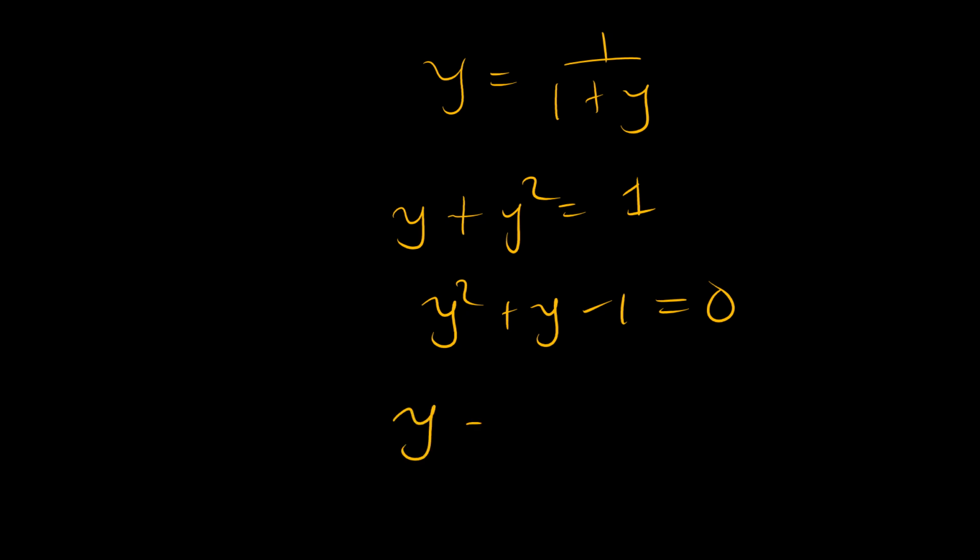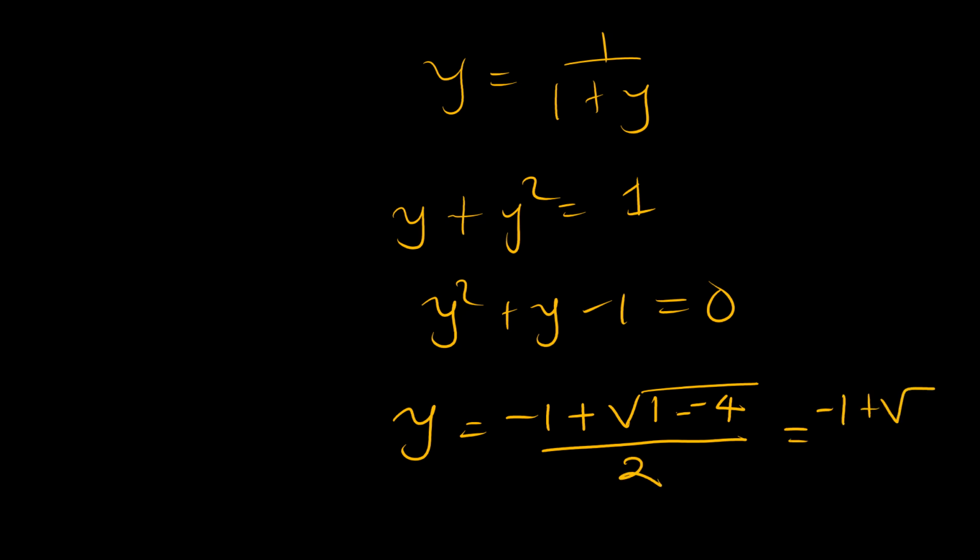So y is equal to negative 1 plus the square root of b squared minus 4ac, which is 1 plus 4, over 2, which is equal to negative 1 plus the square root of 5 over 2. So y is actually a constant.